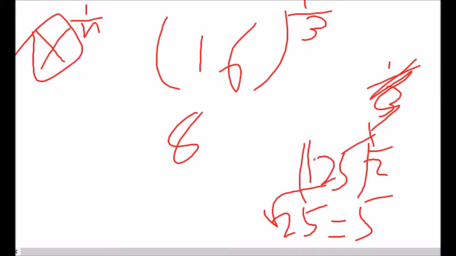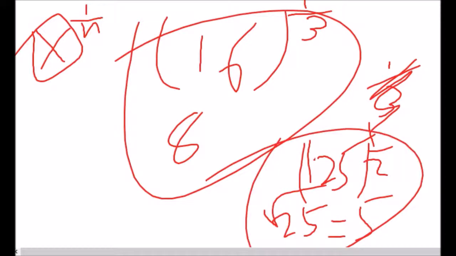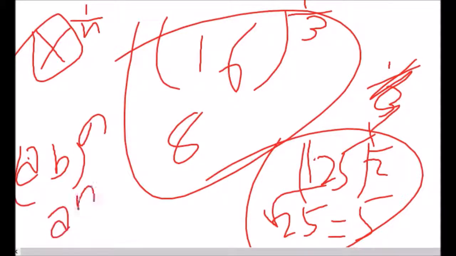This is the general method that we're going to use to try to break up square roots. And remember, this all works. You can simplify it like this because we know that ab to the n is a to the n times b to the n. So you can break up these different components of the problem.